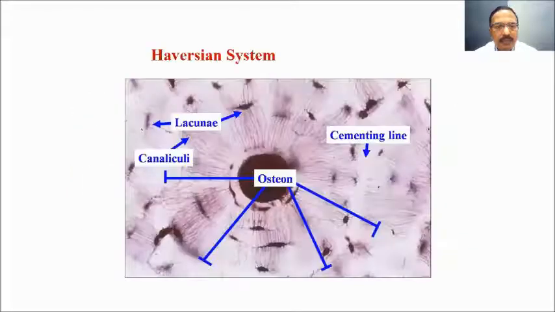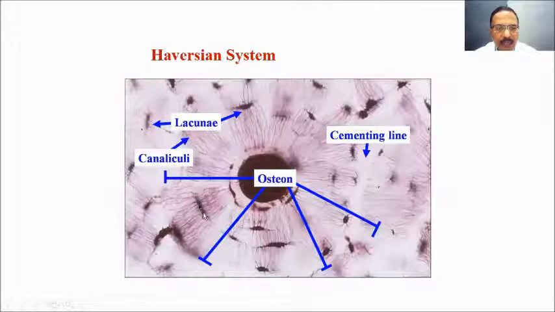When it is coming to the higher magnification, you can see there is a Haversian canal. In that Haversian canal, usually blood vessels and lymphatics as well as nerve fibers will be there. Surrounding that, you can see one sheet of lamella, another sheet of lamella, many sheets arranged in a concentric manner, ring-shaped lamellae of bone.